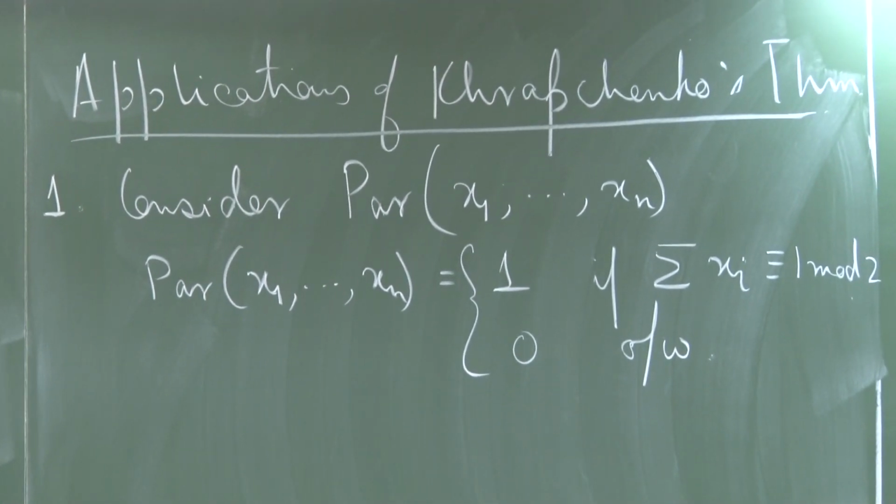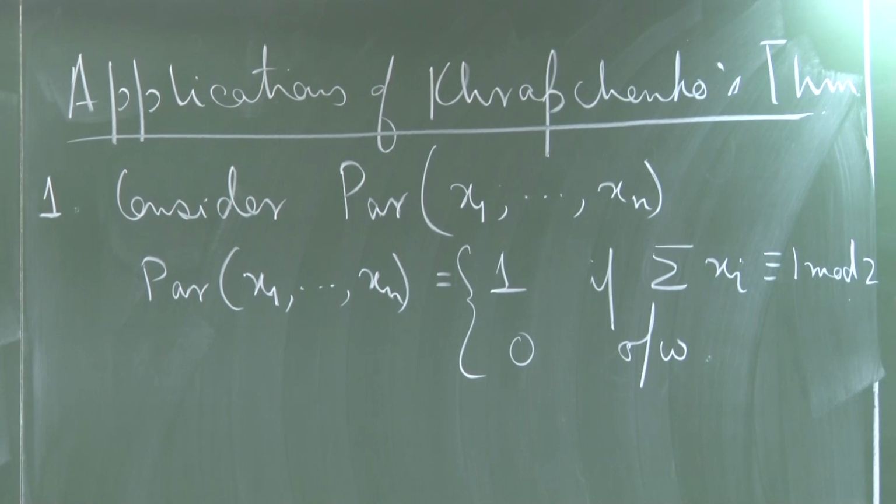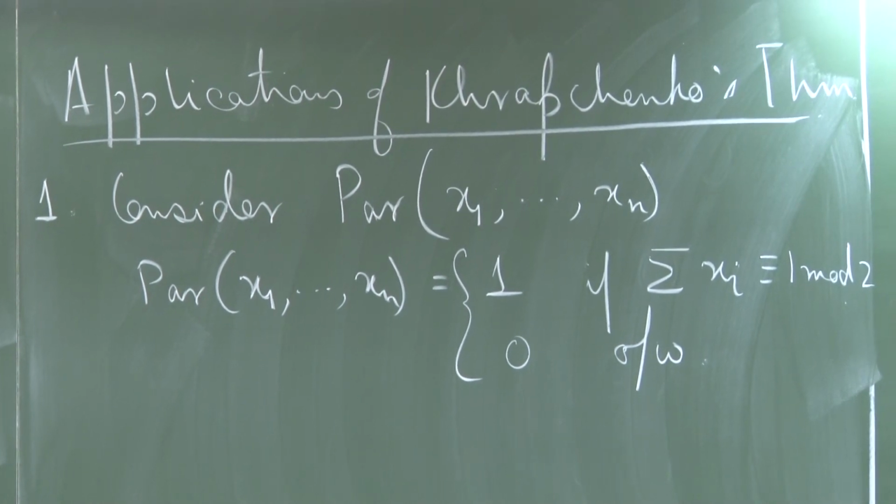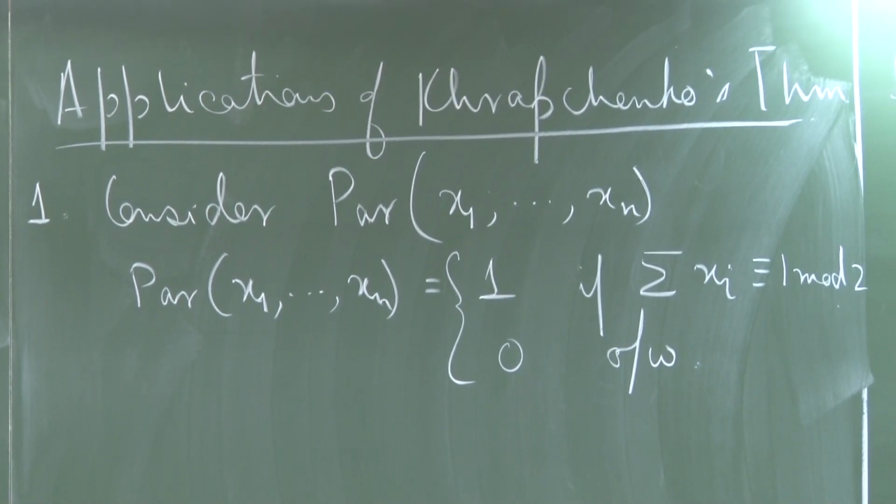To give a lower bound, I have to suitably choose A and B. Once I have chosen A and B, I can use the theorem.